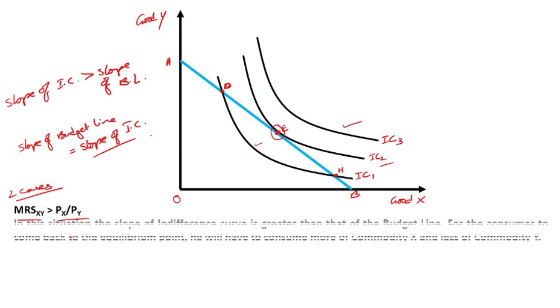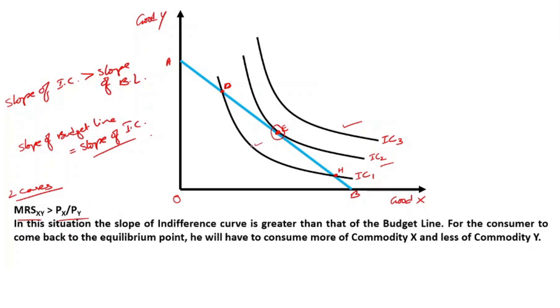This case is represented by all the consumption points towards the left side of E. Towards the left side of E, all these consumption levels represent the first case, that is, MRS greater than PX by PY. Let's say the consumer is consuming over here, at combination G. Here we see that MRS XY is greater than PX by PY.